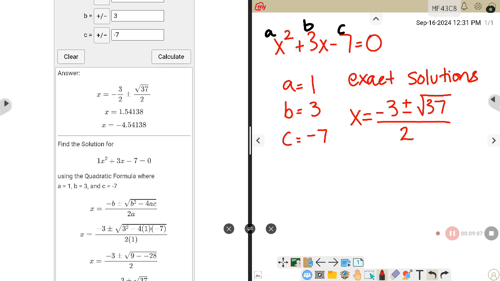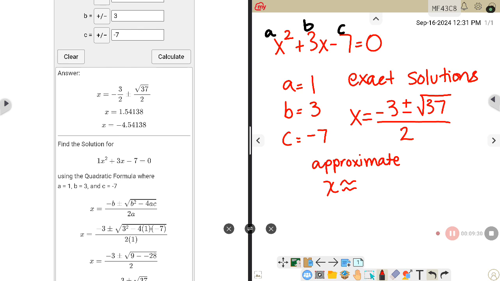The approximate are going to be, okay, because these decimals keep going on and on. That's why they are called approximate solutions, because they're not exact like our square root solution is.